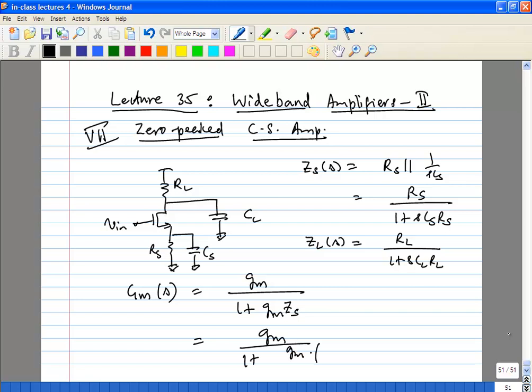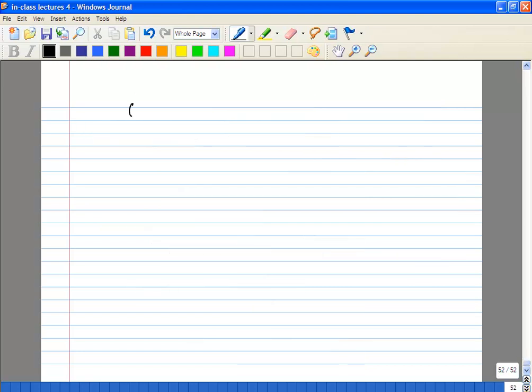So you can put in this expression, and you can rewrite it in a slightly different form. Okay, so we'll put in this expression here, take 1 plus SCS to the top, and we'll do a little bit of manipulation, and we'll rewrite this as, no approximations.